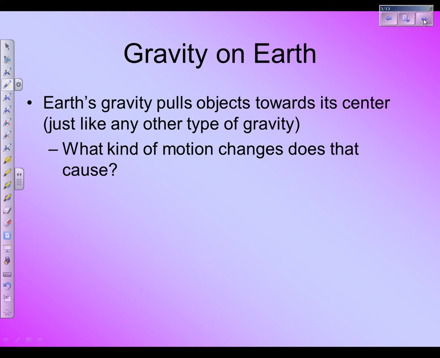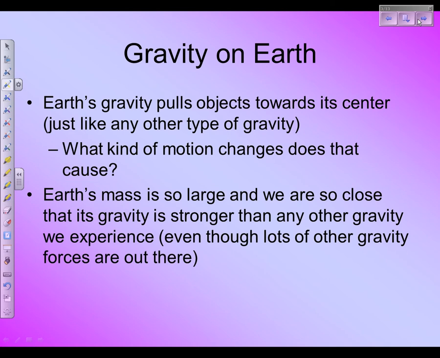Now, one of the reasons why we think of Earth's gravity as being this super important thing is because of two reasons. One, Earth has a real large mass, at least very large compared to us. Second, we are really, really close to Earth, and therefore those two factors make it seem like Earth's gravity is something special.